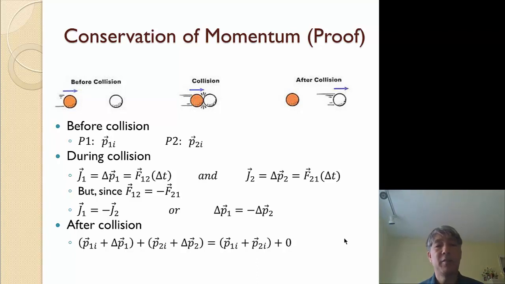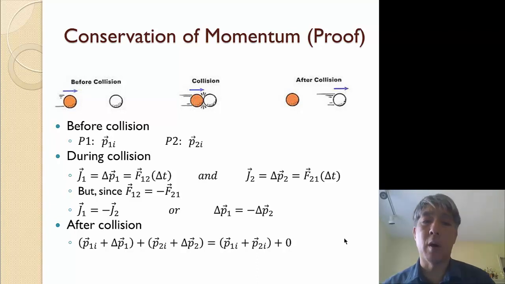But F12 and F21 are related by Newton's third law, which says the force of object 1 on object 2 is equal but opposite to the force of object 2 on object 1. And since our time of collision is the same, the impulse on the first ball is going to equal the negative impulse on the second ball.